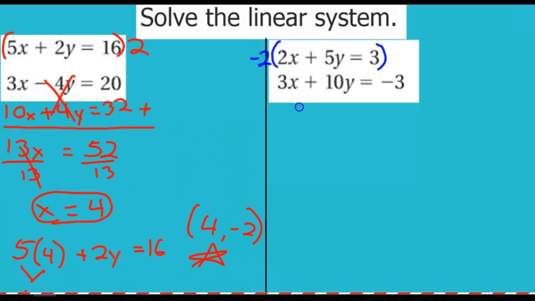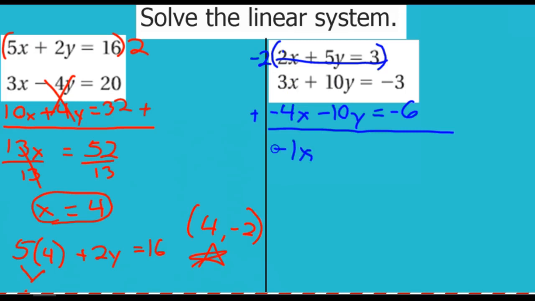So negative 2 times 2 gives us negative 4x. Negative 2 times 5 gives us a negative 10y. And negative 2 times 3 gives us a negative 6. So now we add those together. 3x plus a negative 4x gives us a negative 1x. 10y plus a negative 10y gives us 0.